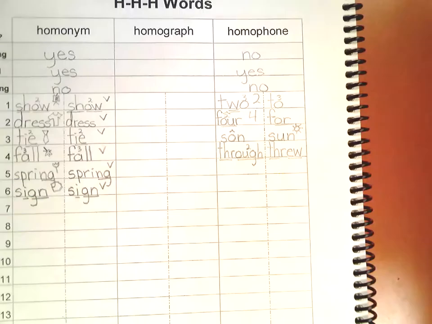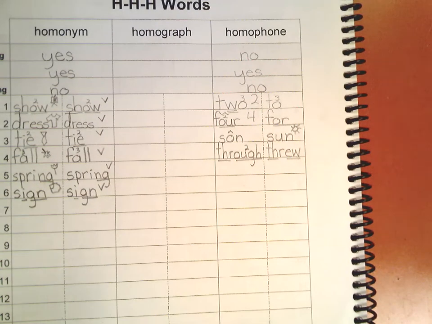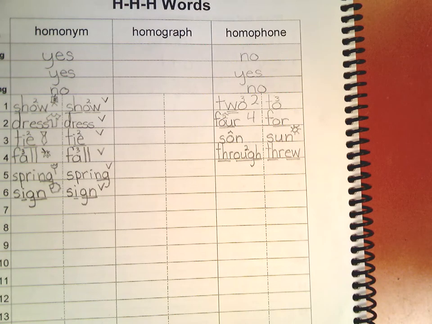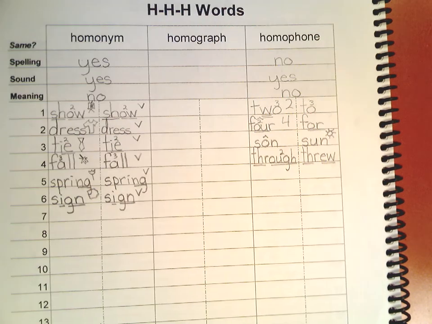All right, so toe and toe are what kind of words? Good, those are homophones. Remember, that means they sound the same, but they're spelled differently. We also have another word we learned today that we can put on this page, and that is the word oil. Because we can use oil as a noun, so that means the thing, so the kind of oil that you put in your car or the kind of oil that you cook with would be a noun.